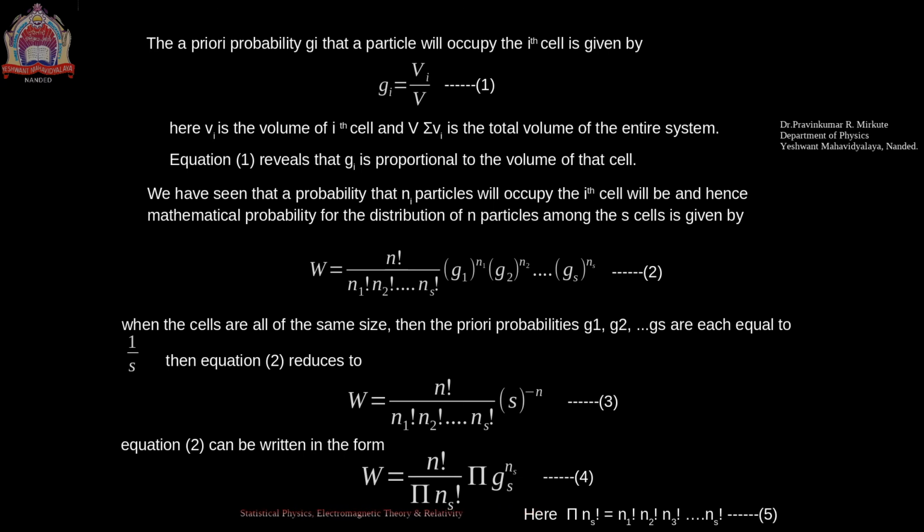Here the product of Ns factorial is equal to N1 factorial, N2 factorial, N3 factorial up to NS factorial.